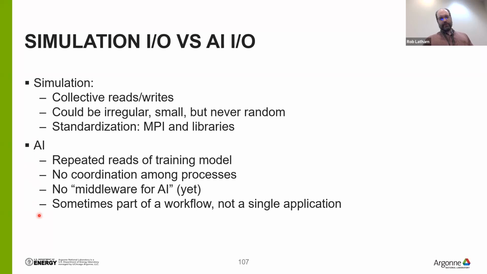Now, AI looks a little different. In AI, we're going to generate a network one time, but then we train the AI against that workload, against the training data set, and repeatedly read that data set over and over again, figuring out is this a dog or cat or whatever the answer is, and it is kind of random.